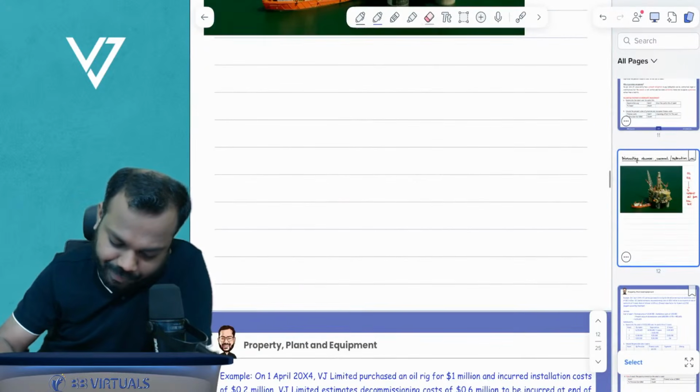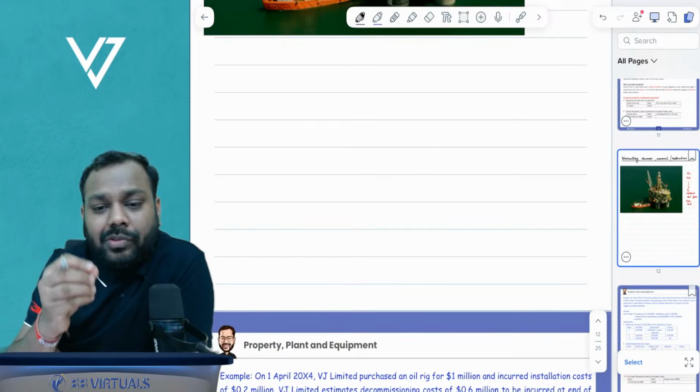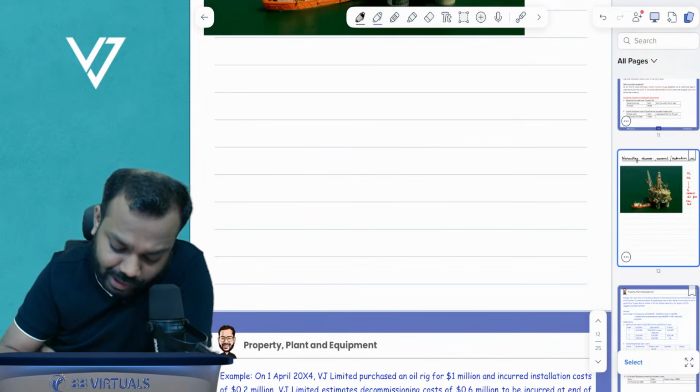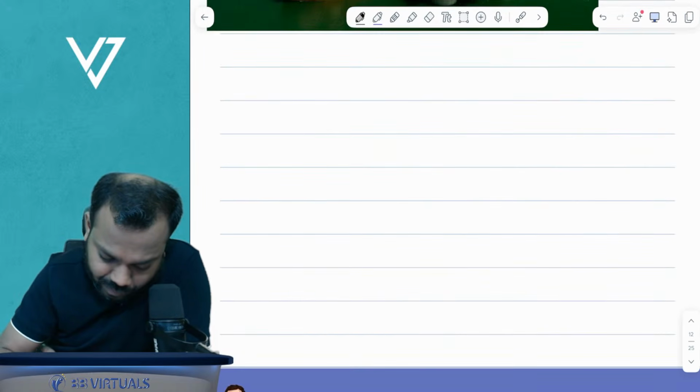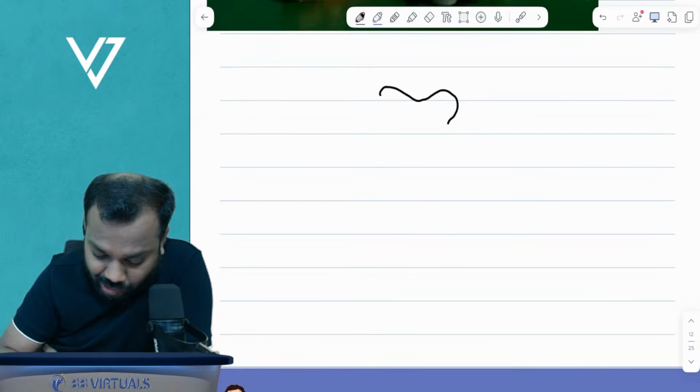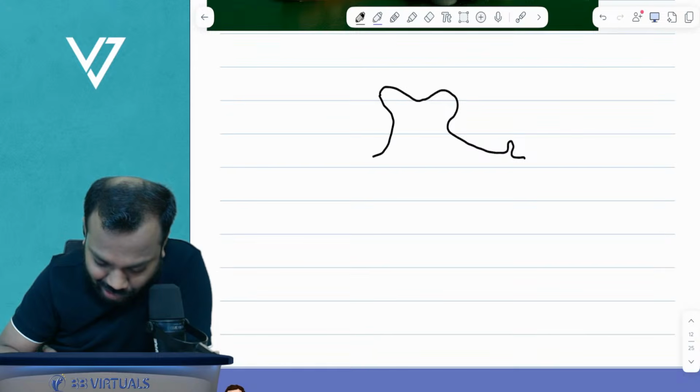Please try to understand. Let's suppose this is the Indian territory, the map of India. I am very bad at drawing, so if I make any mistake, please excuse me.